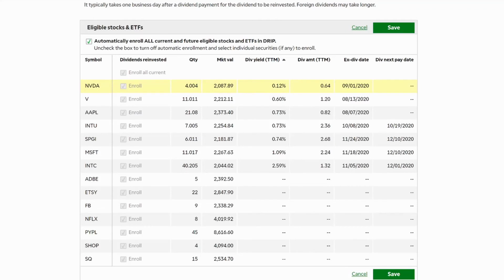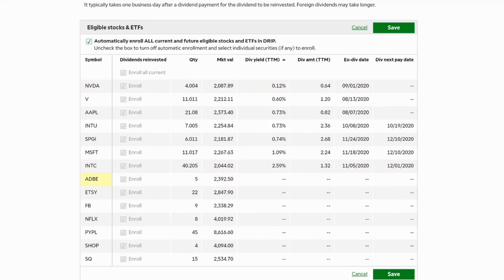But if you turn on that DRIP, you will have a compounding effect with your dividends because you get paid that one dividend, it goes into the stock, and now that fraction of a stock will get a fraction of a dividend. And then that fraction of a dividend will get an even smaller fraction of a stock, and it just keeps on adding up, and it'll end up being that exponential curve as well.